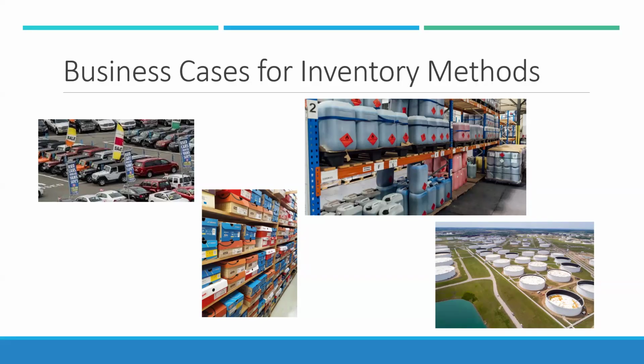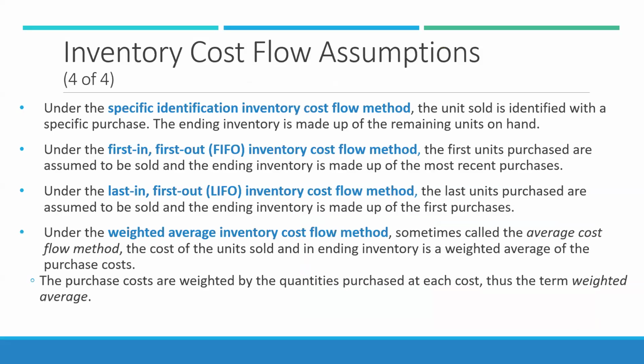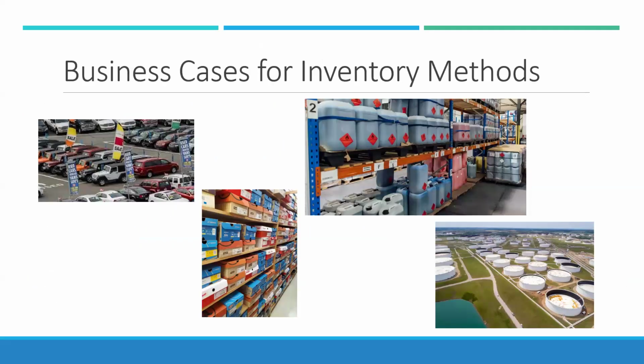And then weighted average cost is the average cost over the past, and generally that's used for ease of calculation. It's easier for an inventory system to calculate that, and it's also used when it really doesn't matter. Again, like the inventory is not perishable.